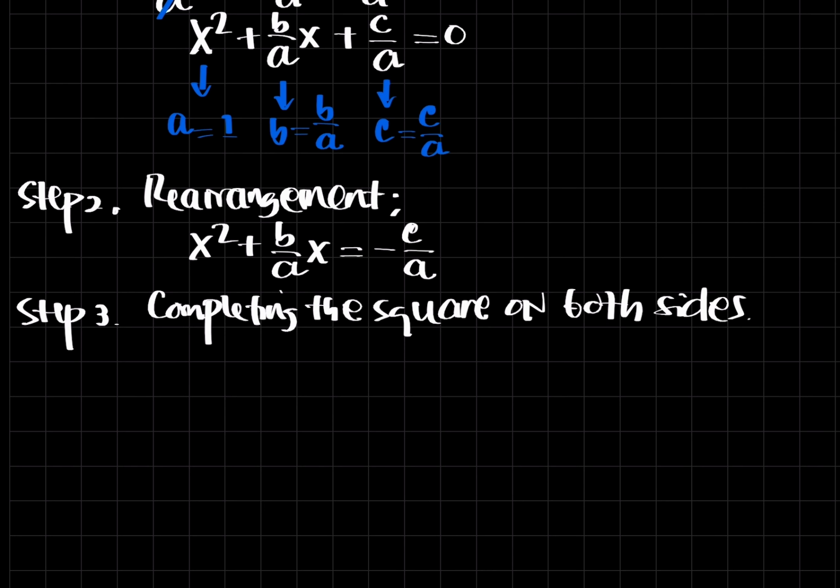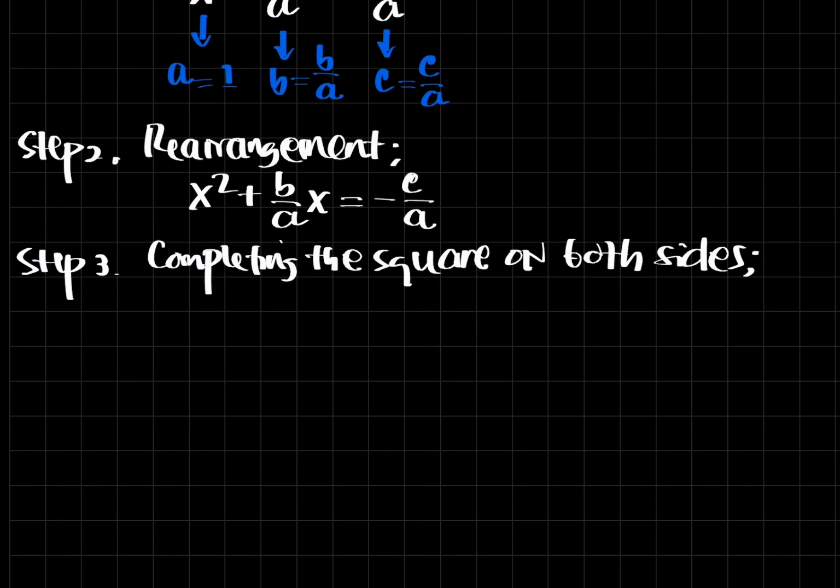When you do completing the square on both sides, then x squared plus b over a x. Don't forget, when you want to complete the square, you add the b value divided by 2. The b value you divide by 2.